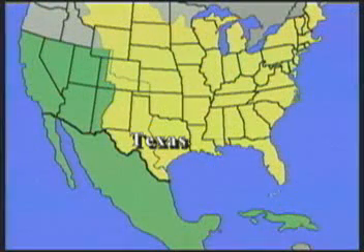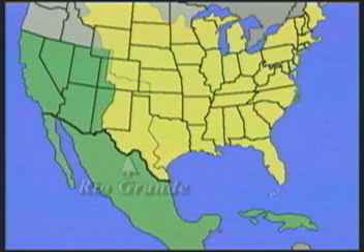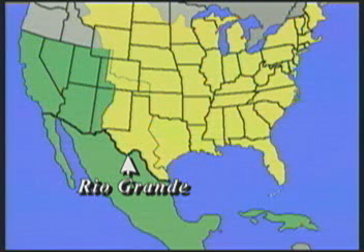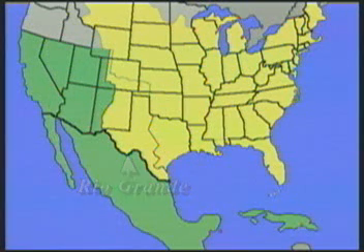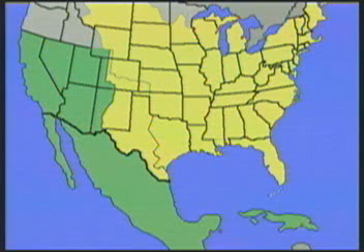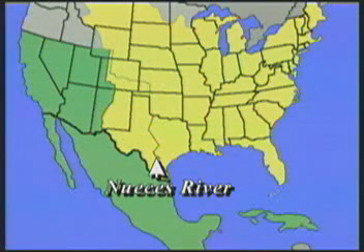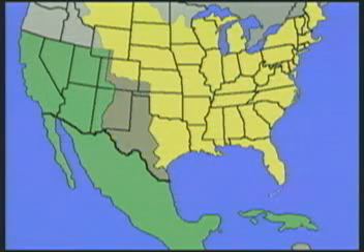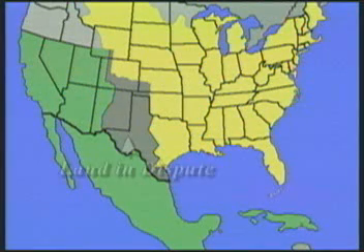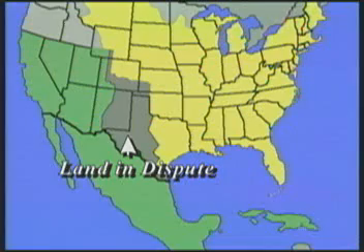This was quite easy to do, since the new state of Texas was claiming the Rio Grande as its western boundary, while Mexico claimed the border was where it always had been, much further east at the Nueces River. As a result, a very large area of land was in dispute.